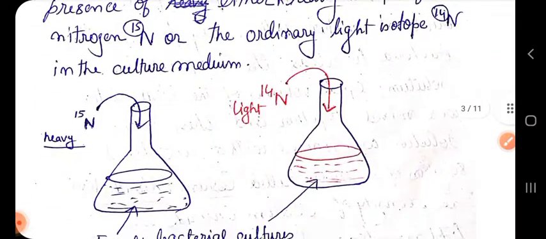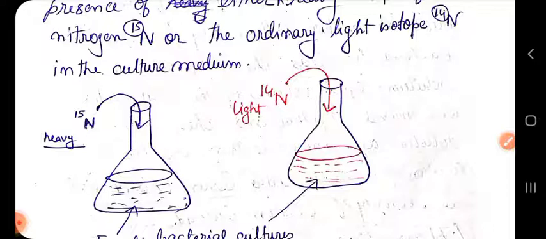So they used two culture media. If you have learned in microbiology class, the simple way to grow E. coli bacteria is a medium that consists of lactose, agar, and some nitrogen source.